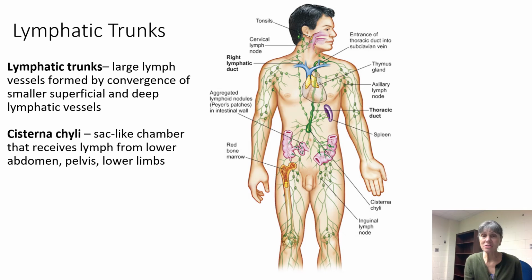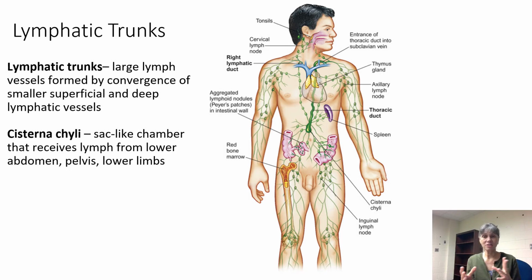We also see the thoracic duct on the left side of the person, which is the right side of the picture. At the top, you'll see it says entrance of thoracic duct into the subclavian vein, again close to where the internal jugular vein enters.